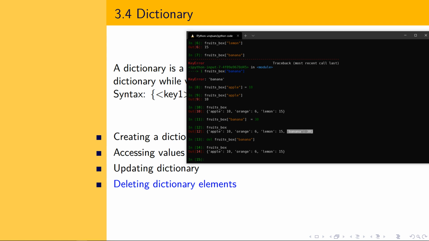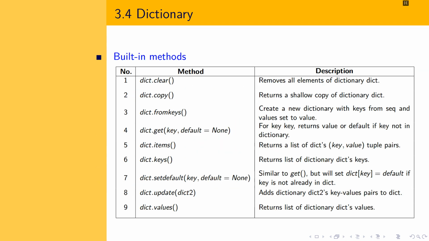The next thing is about the viewing methods in a dictionary. Here you see that there are many viewing methods for the dictionary. So I would like to introduce to you the first, which is items, the dictionary items method.